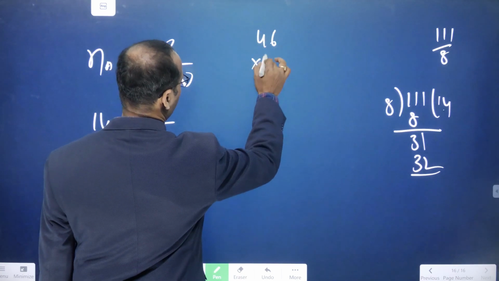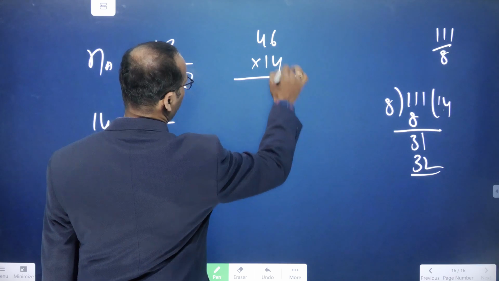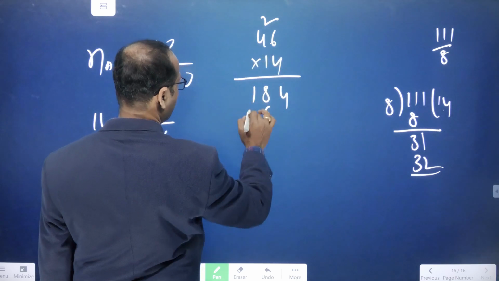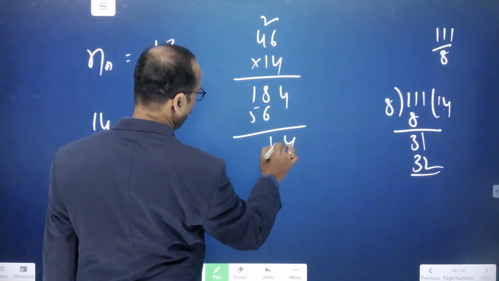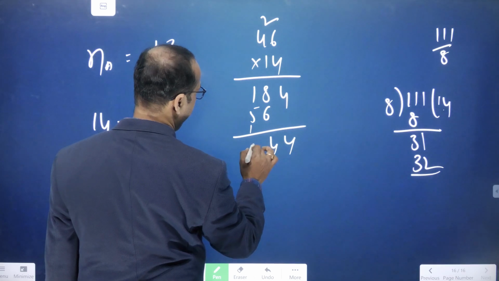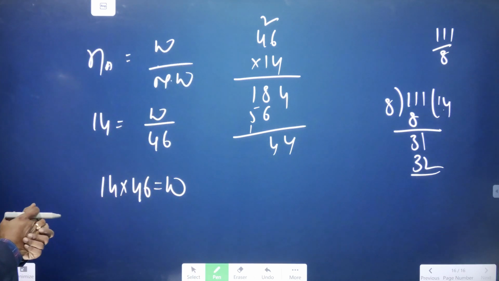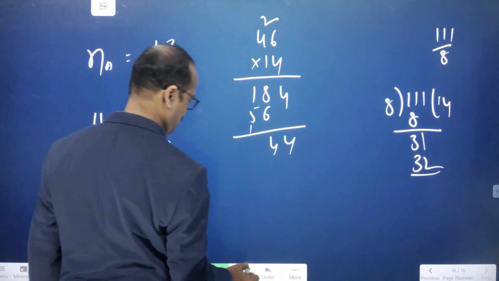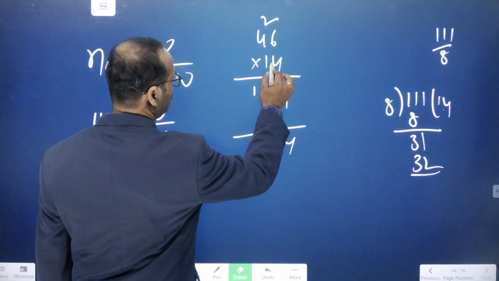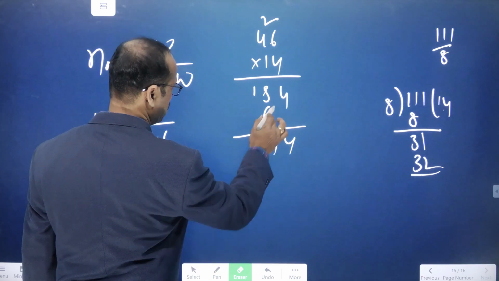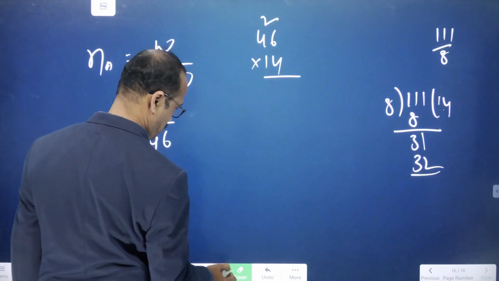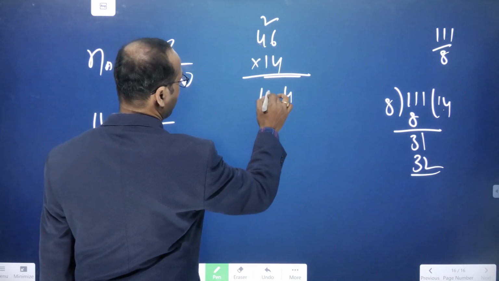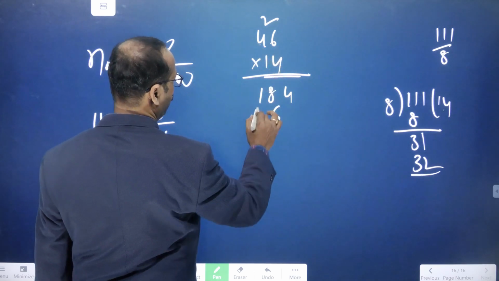So 46 into 14. 4 6s are 24, 2 4 4s are 16 plus 2 is 18. Correct. Now 1 into 6 is 6, 1 into 4 is 4.